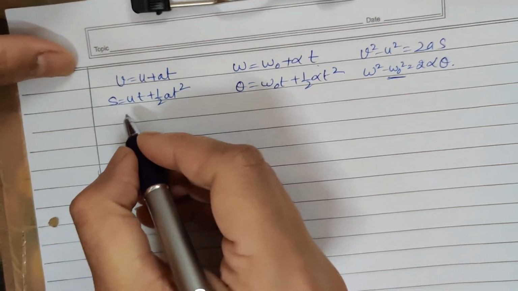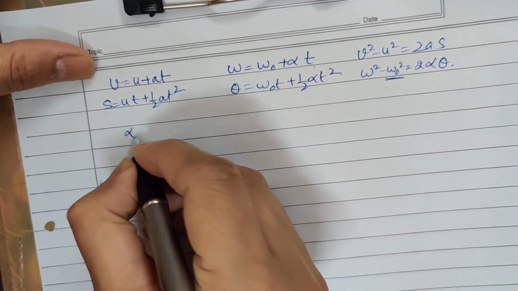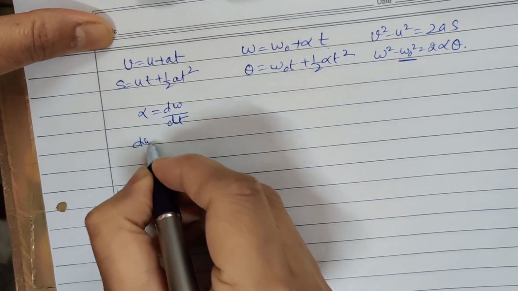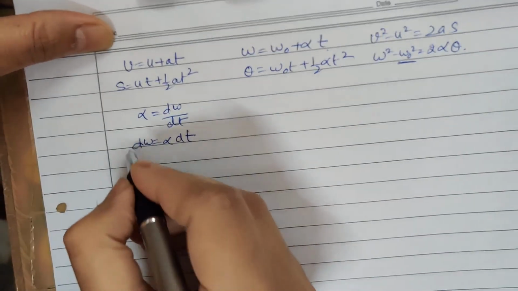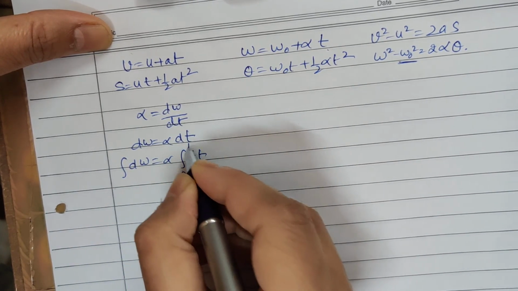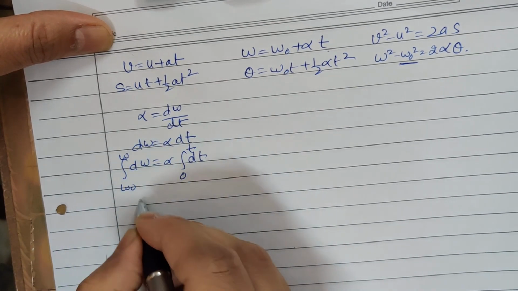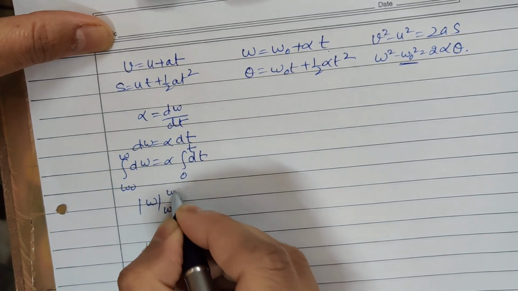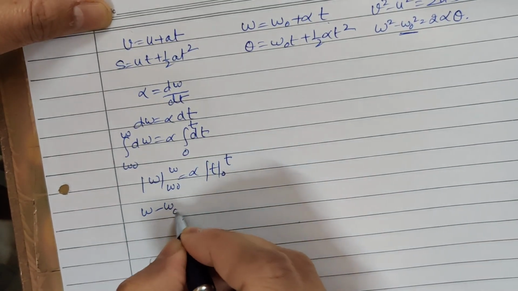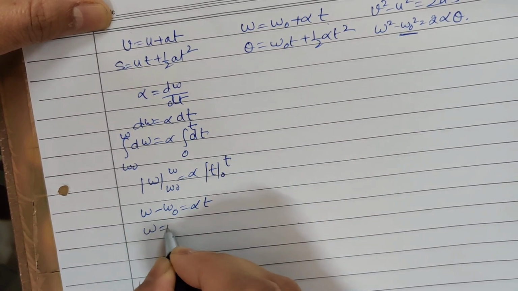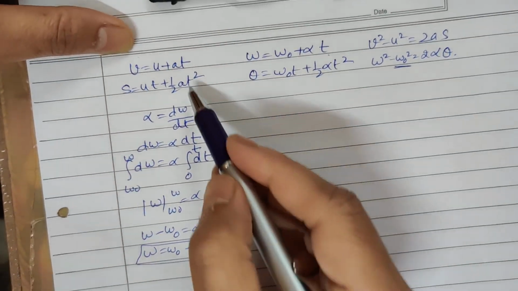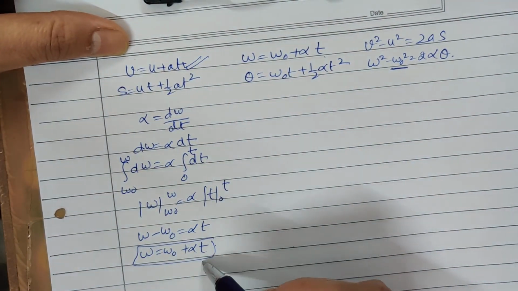To derive it using the calculus method, alpha is d omega upon dt. So d omega is alpha dt, and taking the integration from 0 to t, and omega naught to omega, it becomes omega minus omega naught equals alpha t, or omega equals omega naught plus alpha t. The steps are the same as we did for the earlier derivation, only the terms are different.